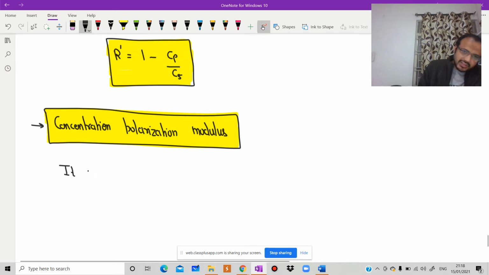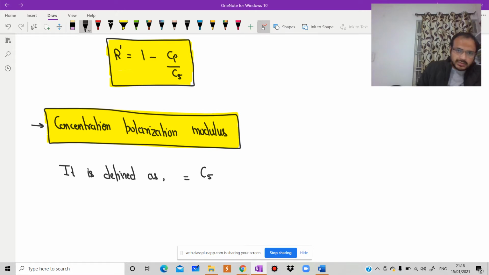It is defined as Cs by Cp. All these are very very basic terms.